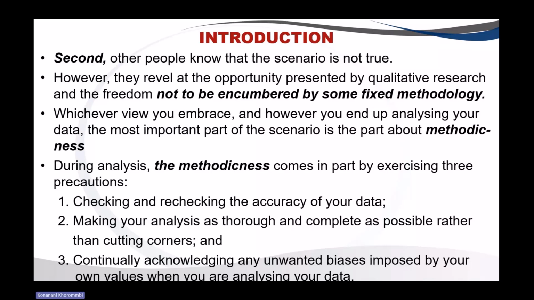Second, making your analysis as thorough and complete as possible, rather than cutting corners and choosing some part of the data while leaving some data out. Third, continually acknowledging any unwanted biases imposed by your own values when you are analyzing your data.